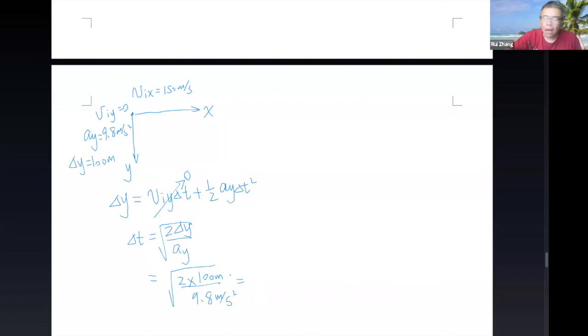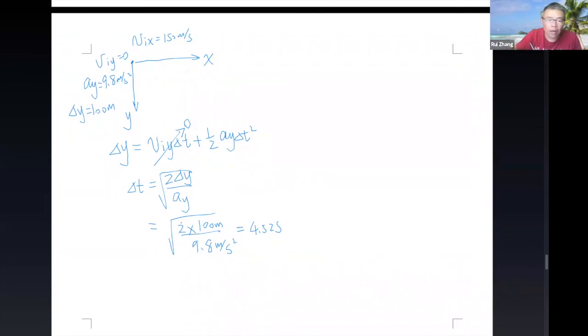Now you get 4.52 seconds. If you were like me, you forgot to take the square root and got 20.4 seconds, but that's wrong. You have to take the square root to get 4.52. I made a mistake by not doing that. Again, the unit should be seconds because you're calculating time.